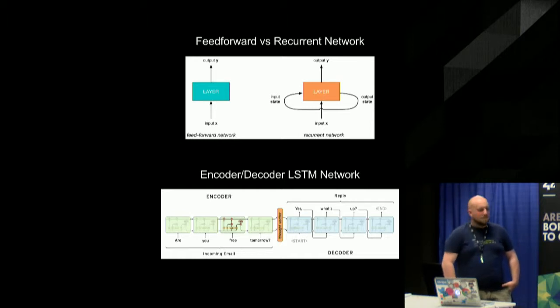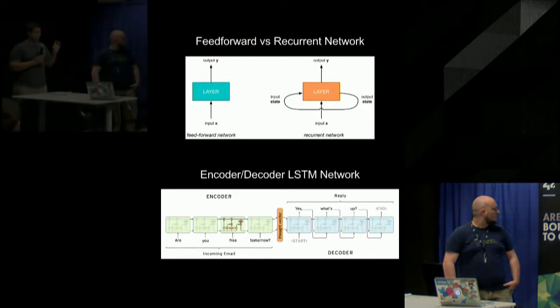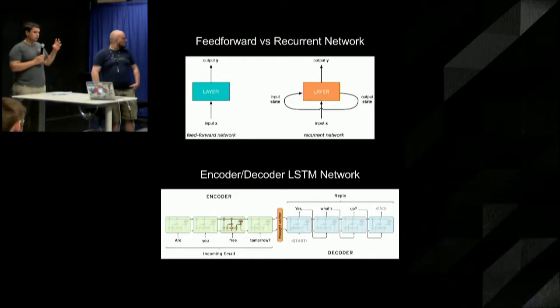At first you feed the network, the LSTM. It will create this vector, which is kind of a thought vector. Then they use this thought vector as the input for the decoder LSTM and produce a response. They use it, for example, for translation. Say I'm translating from English to Russian.